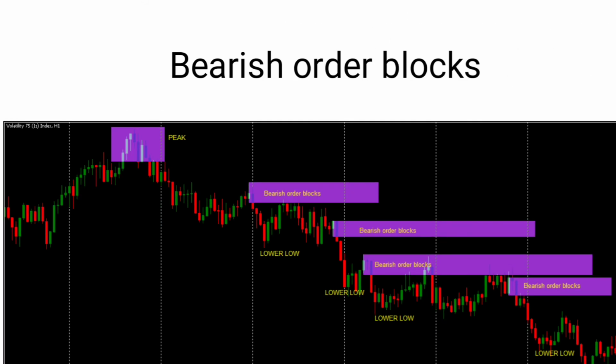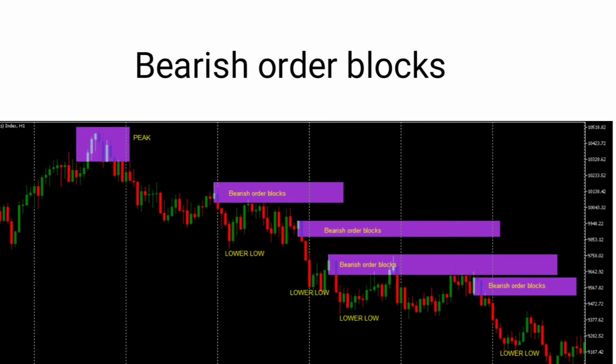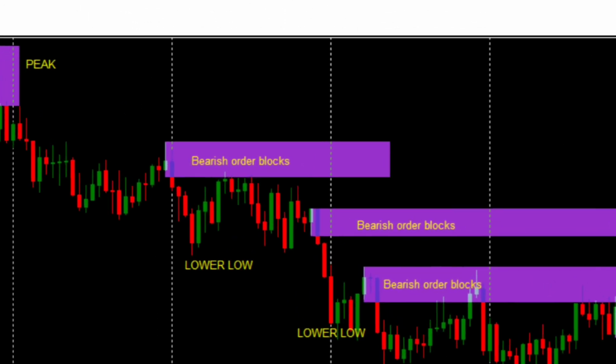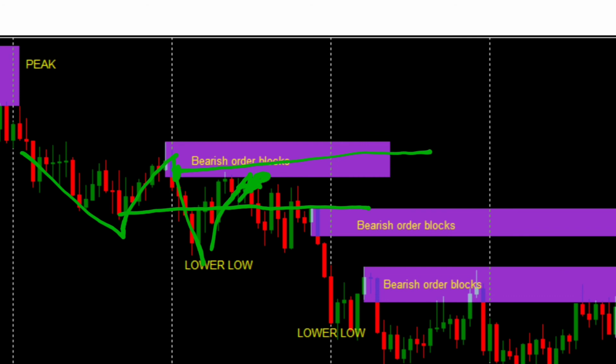Here you can appreciate, price came there, went up, there was a break of structure, so this became our order block. It came, it touched the purple area, so maybe there were sales there, but I'll explain more on how to refine order blocks.